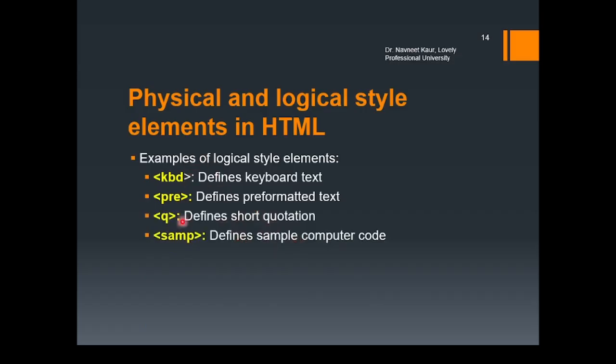So from all these tags right now, it is not evident how the text is going to look. We will be able to understand that when we check the output.